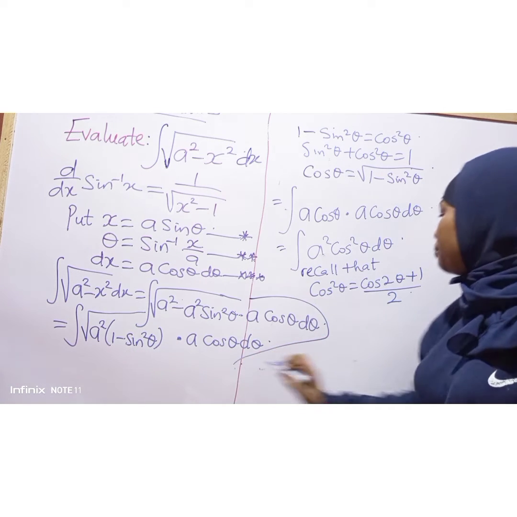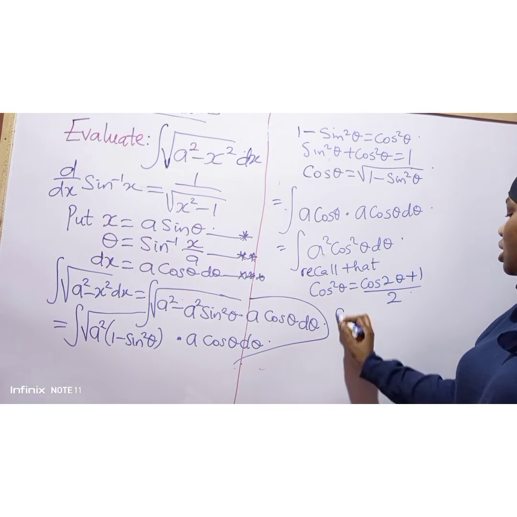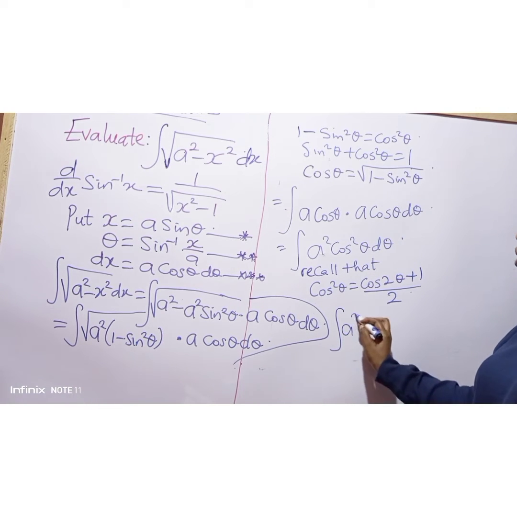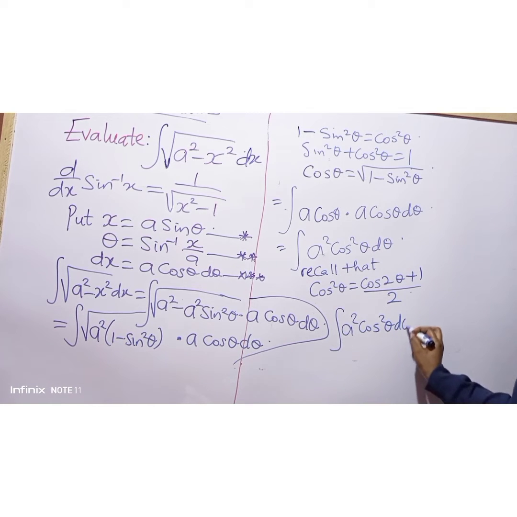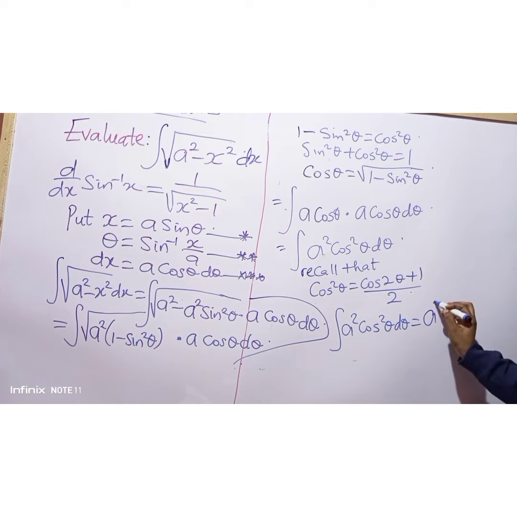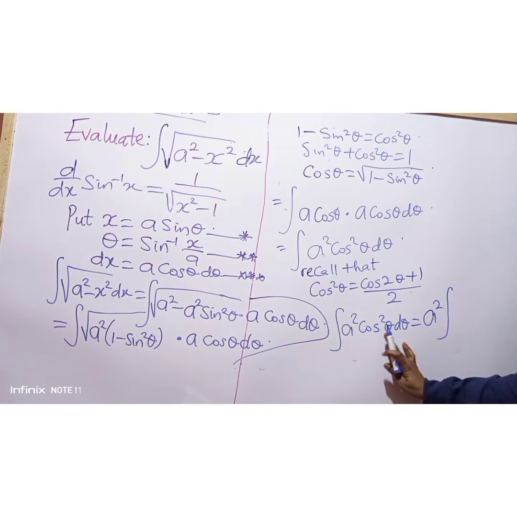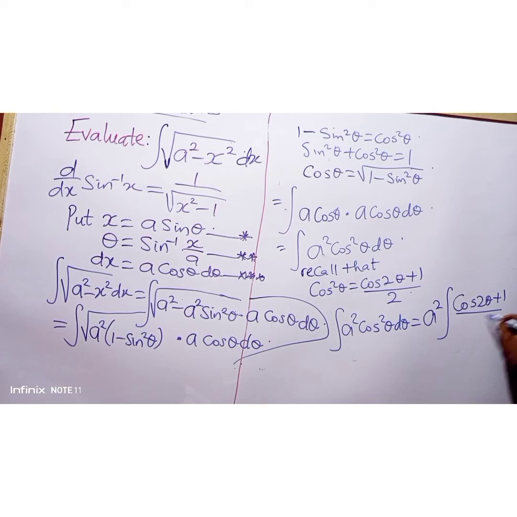So from here, the integral of a squared cos squared theta d theta is equal to, let me take this constant out, then the integral, wherever I say cos squared theta, I'm going to put (cos 2 theta plus 1) over 2, then d theta there.